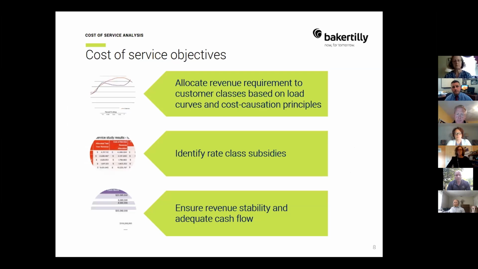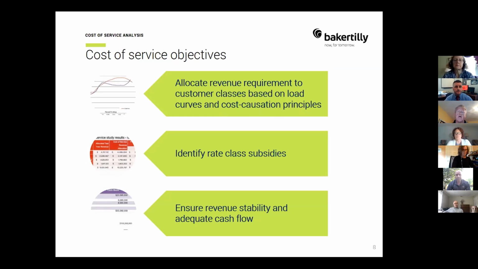So then we take that revenue requirement and we allocate that revenue requirement to customer classes based on load curves and cost causation principles. And what cost causation says is, if you can determine that a rate class has caused the cost, they should get allocated that particular cost.